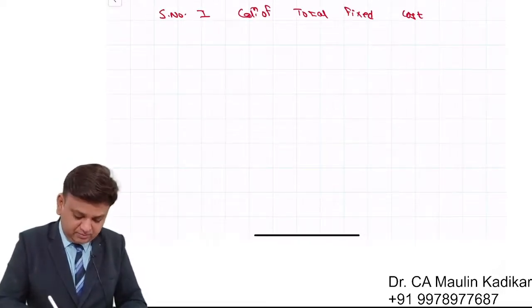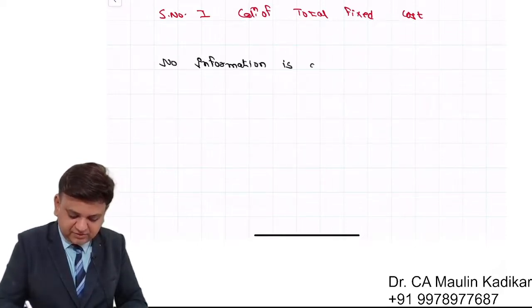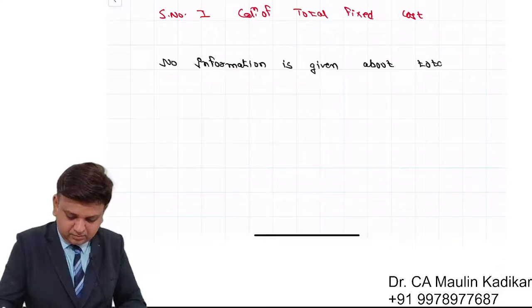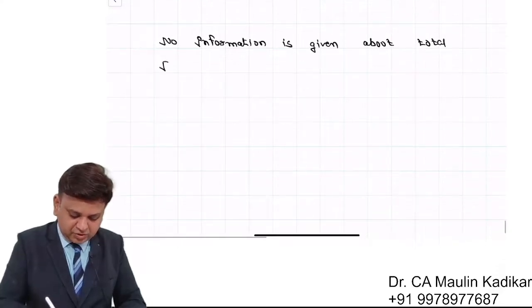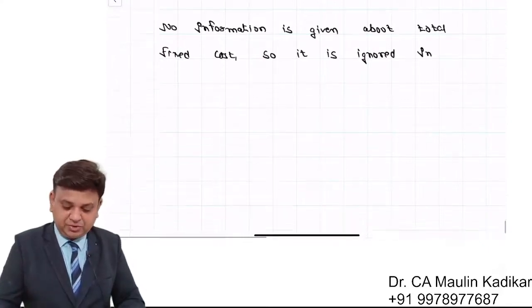In that, write down no information is given about total fixed cost, so it is ignored in calculation.